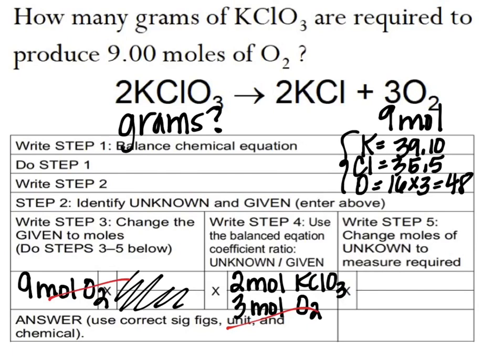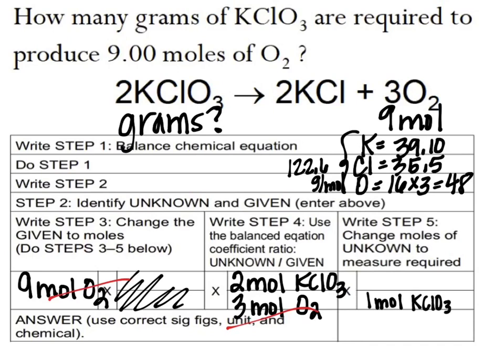No, we do not care about the coefficient when we're looking at molar mass. We need it for 1 mole. 122.6 grams per mole. That's the molar mass of KClO3.